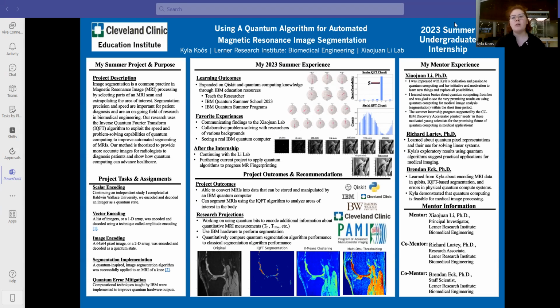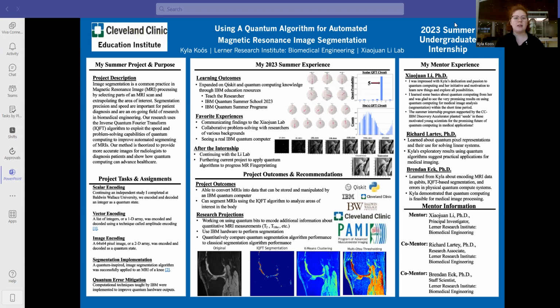So just to go over what my project exactly was, it was relating to image segmentation. Image segmentation is a pretty common practice in magnetic resonance imaging. And we implement it by selecting parts of an MRI scan and extrapolating the area of interest.